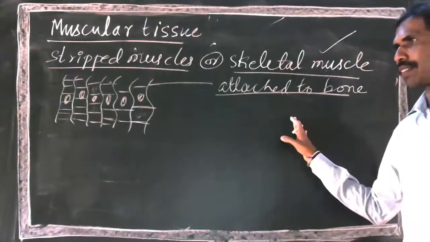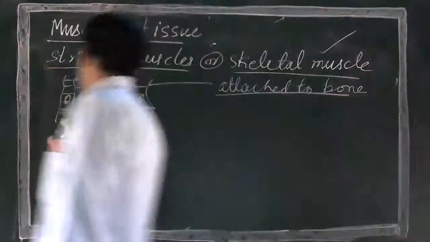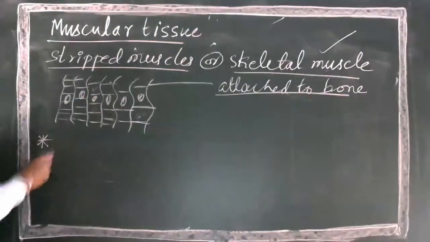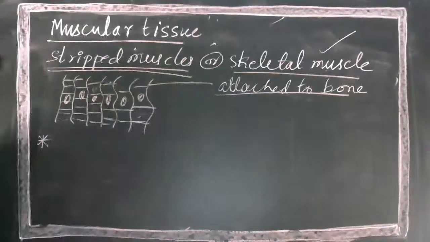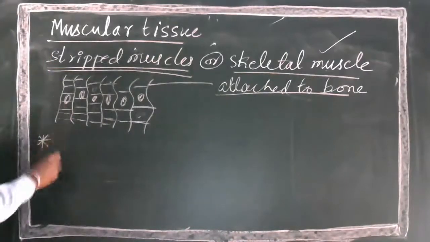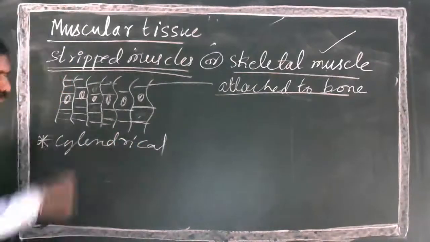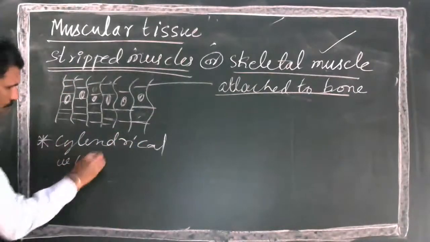See these muscle cells of striped muscle. The myofibrils of striped muscles are cylindrical, with straps.